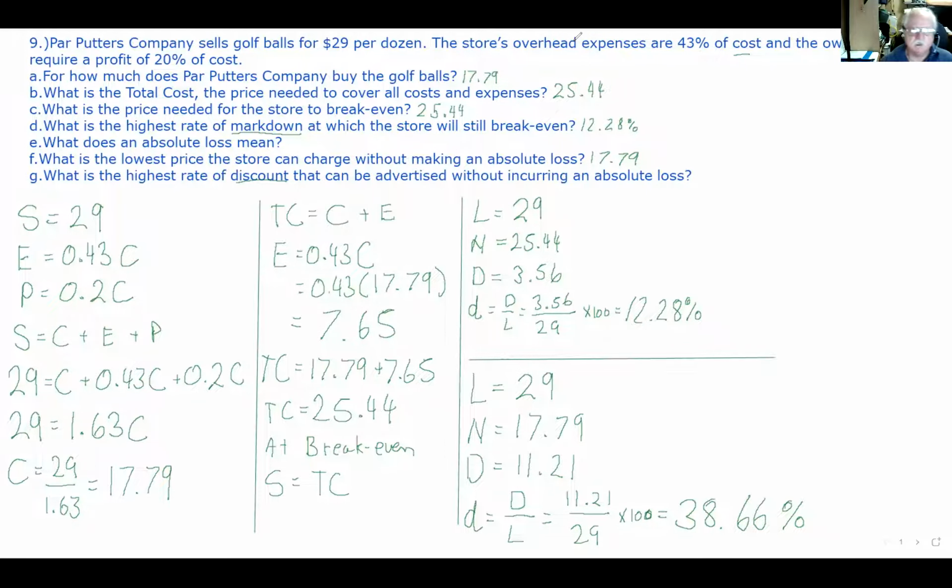So back here, we calculated the cost as being 17.79. So we didn't have to recalculate it. We already knew what the cost was. So if they charge a price below 17.79, they'll make an absolute loss. Okay, thank you. Because we'd already calculated that once, I didn't bother calculating it again. We just know what the cost is.